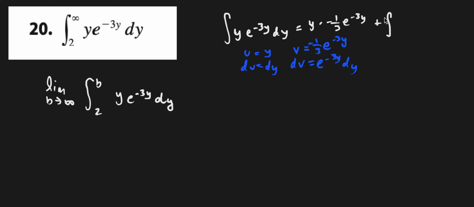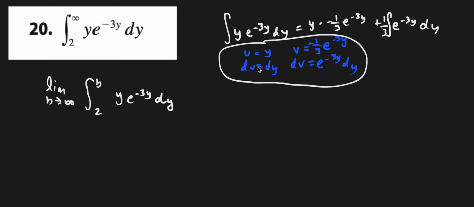We can make this positive 1/3 because we move the negative 1/3 outside, making this the integral of e to the negative 3y dy. We know what this is, right? That's just negative 1/3 e to the negative 3y. So let me rewrite this.